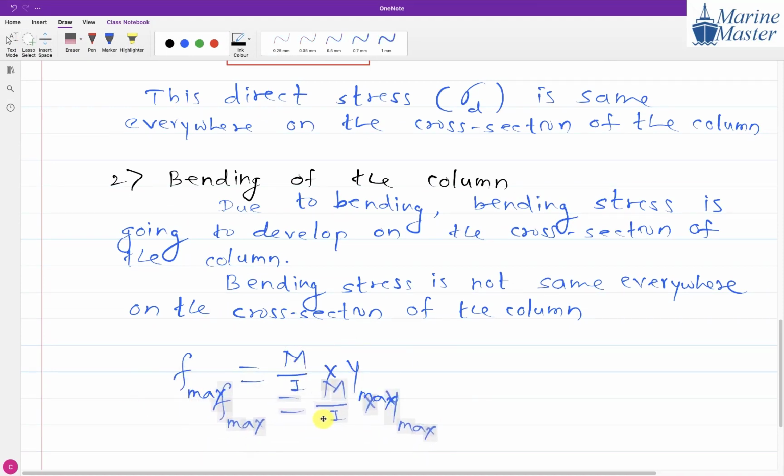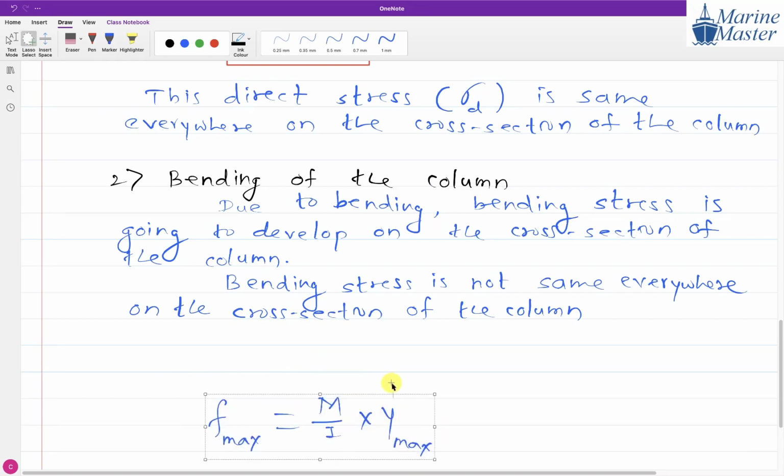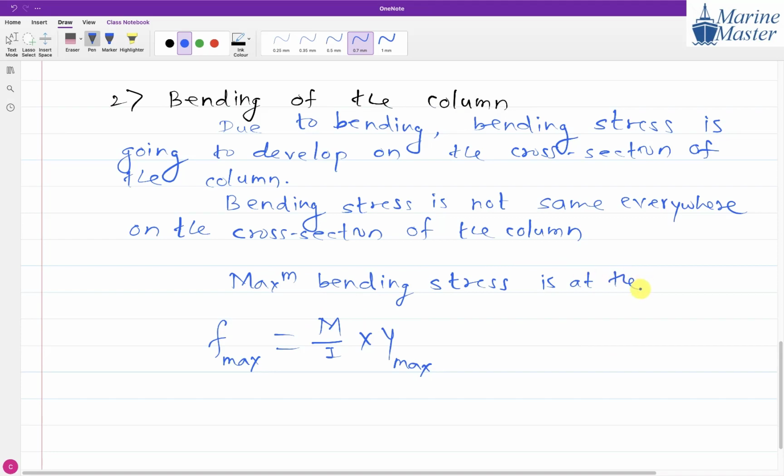Bending stress is not uniform on the cross section. Maximum bending stress is at what, guys, everyone? Maximum bending stress is at the maximum distance.